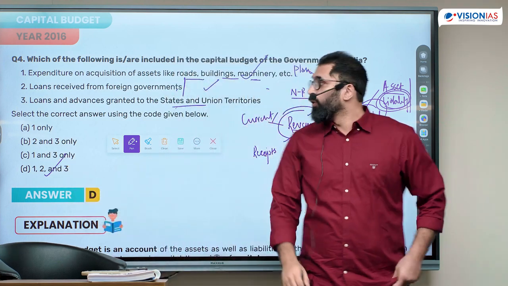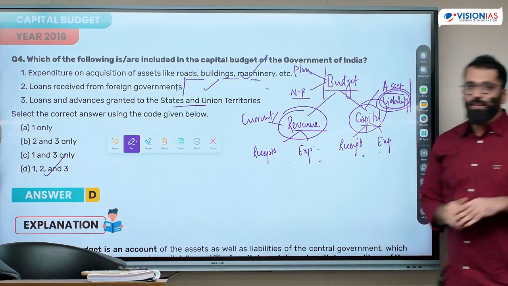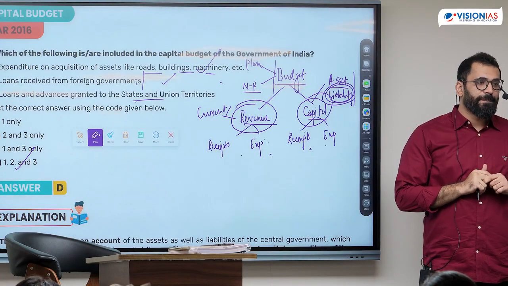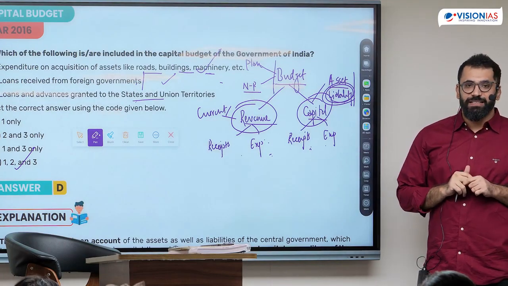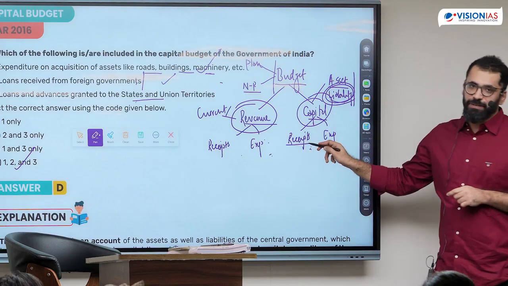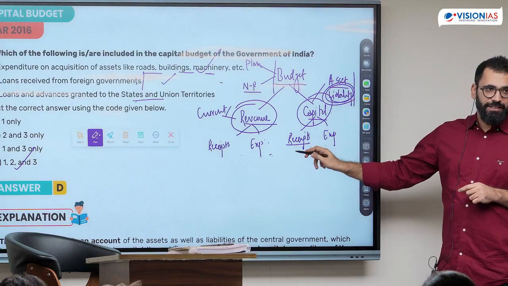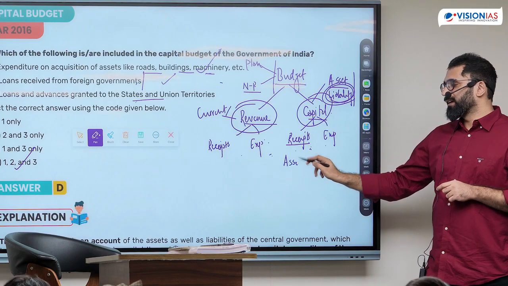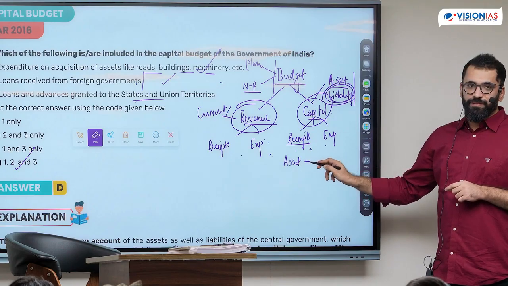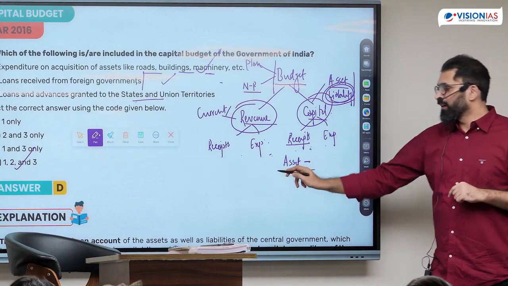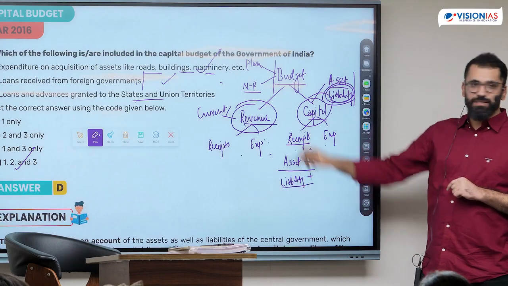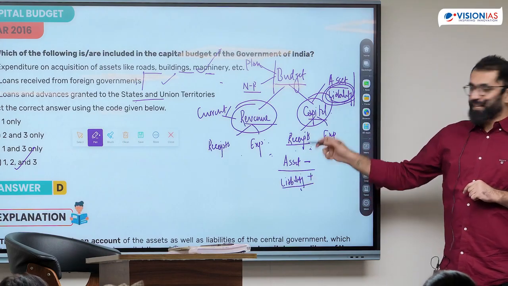Is it clear? Loans received from foreign governments would be capital receipt or capital expenditure? Capital receipt. What does capital receipt mean? Asset liability. And receipt is incoming. When will I have money incoming? Either I reduce the asset, then only money will come, or I will add a liability. And taking money is adding a liability. The other type is reducing an asset.